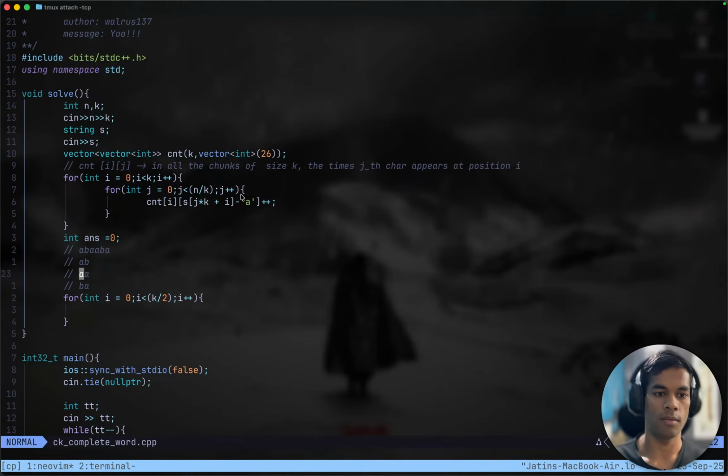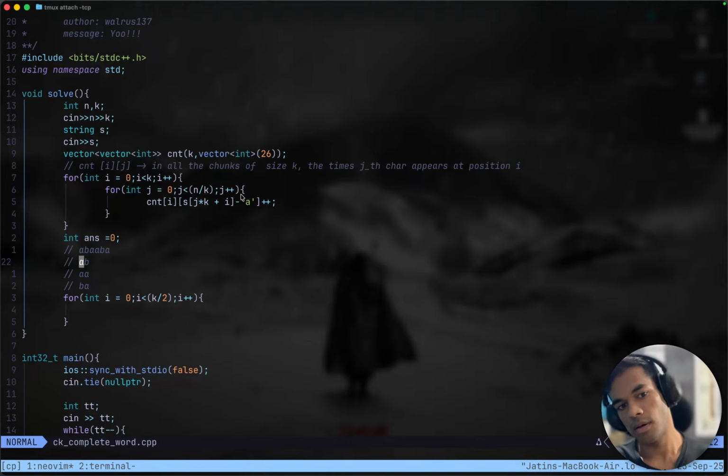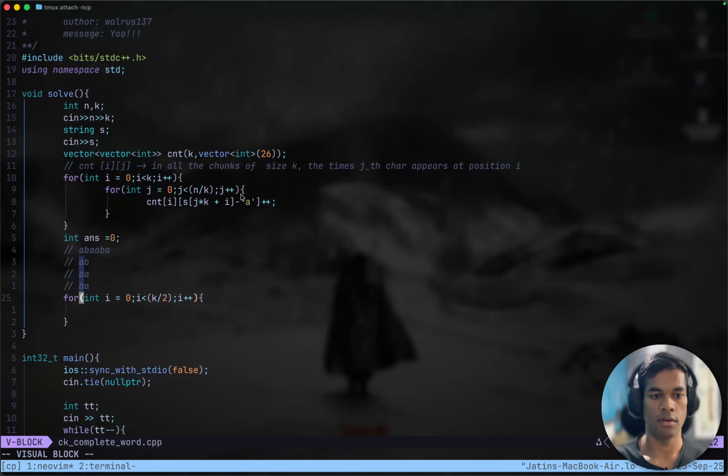Here we have to check, for every I, the opposite character in this chunk to make this chunk of size K a palindrome. We have to check what the character on the opposite side is, what all of these characters at the ith location in all the substrings are, and also the characters on the opposite side in all the substrings.